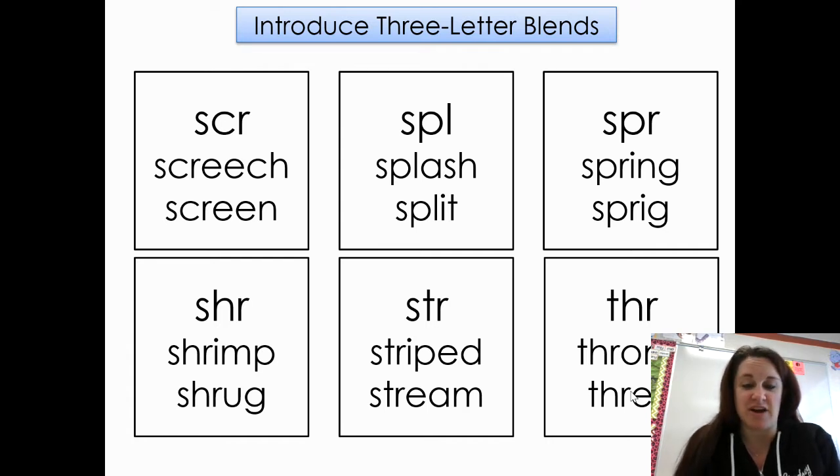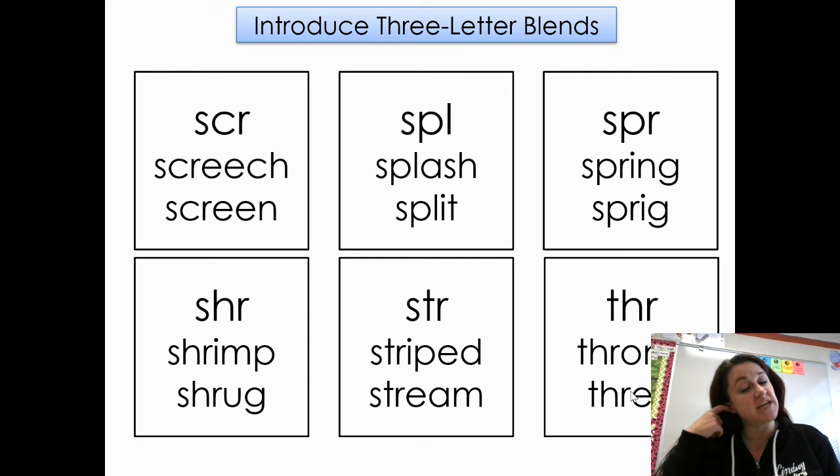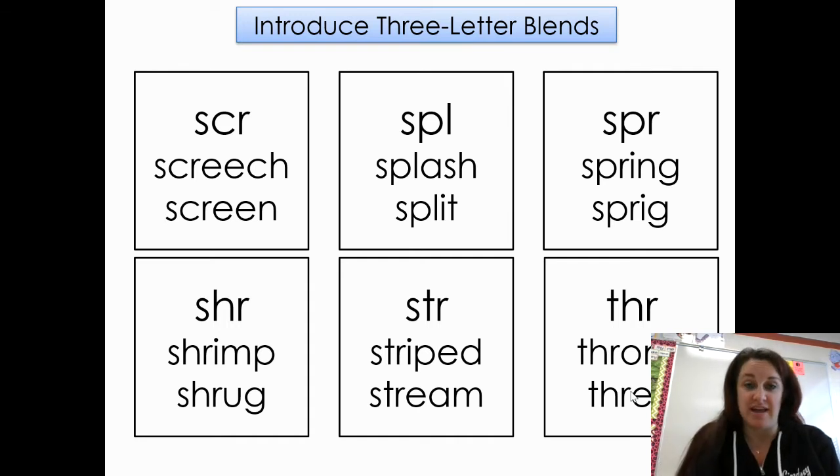And our examples are shrimp and shrug. Bottom middle, STR. That is pronounced stir. And our examples of that are striped and stream. And then in our bottom right, we have THR. And that says thir. Our examples are thrown and three.